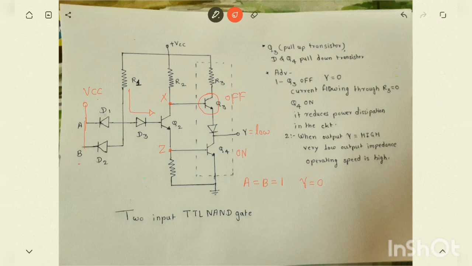Because of Q3, when it is off, the current flowing through resistance R3 is low. This mainly reduces the power dissipation, gives high operating speed, and very low output impedance. These are some advantages of the totem pole configuration, or when the TTL NAND gate is used in totem pole connections. Okay, thank you.